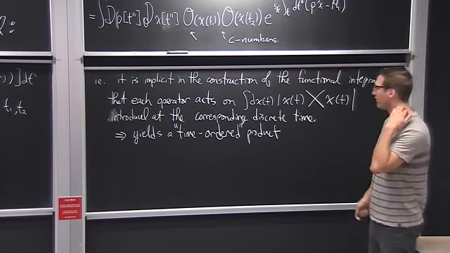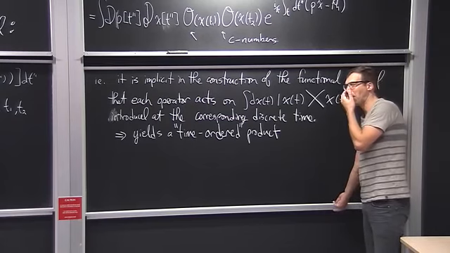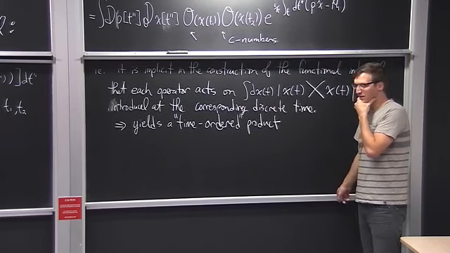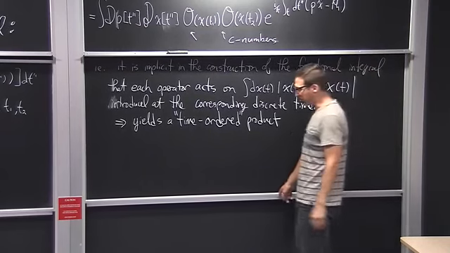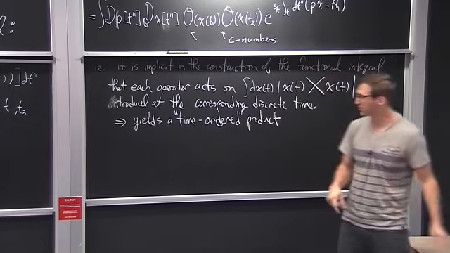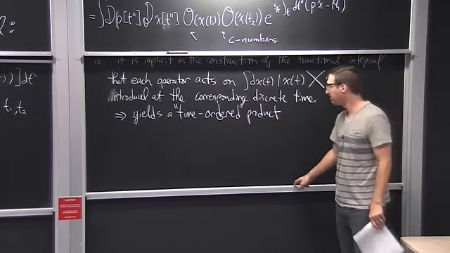I mean, you're wondering why I'm writing it. Well, the reason is you'll often see a Green's function written with an explicit time ordering operator in it.